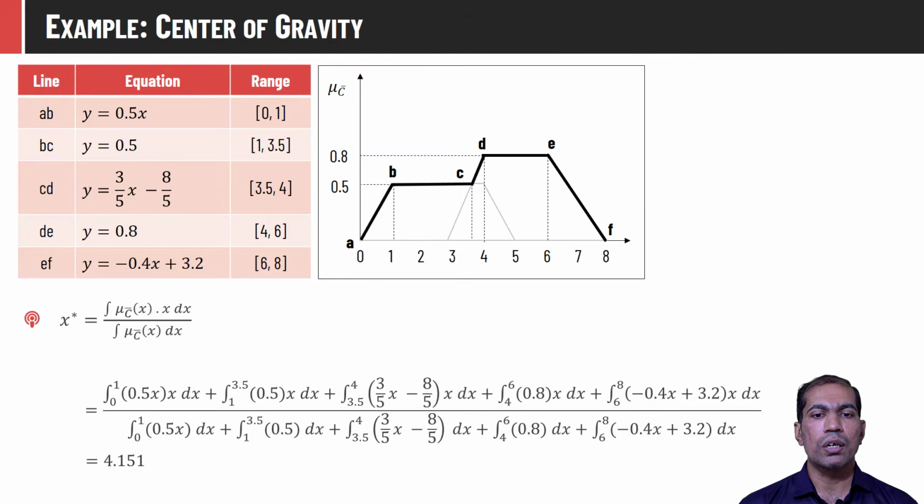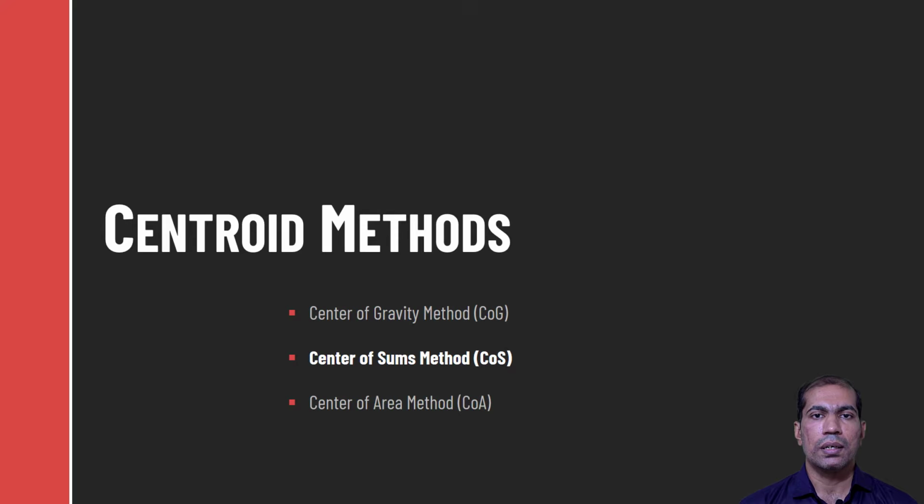So if we put all these values into this equation, line AB ranges from 0 to 1, so the integration will take range from 0 to 1, and the equation of the line is 0.5x. So this would be 0.5x times x dx, and so on. We can do this for all the line equations, and ultimately the crisp value corresponding to this fuzzy output set would be 4.151.